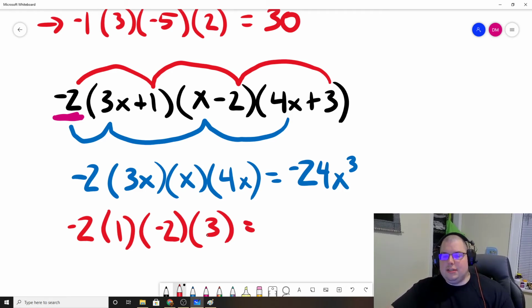Negative 2 times 1 is negative 2. Then negative 2 times negative 2 is a positive 4. And then positive 4 times 3 gives me 12. And so that's the constant term.